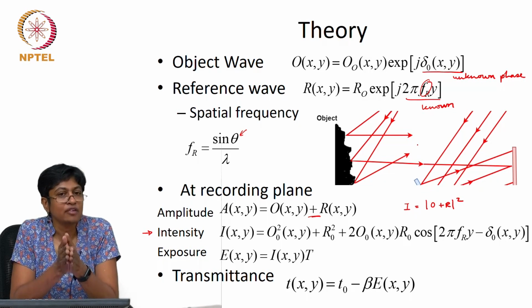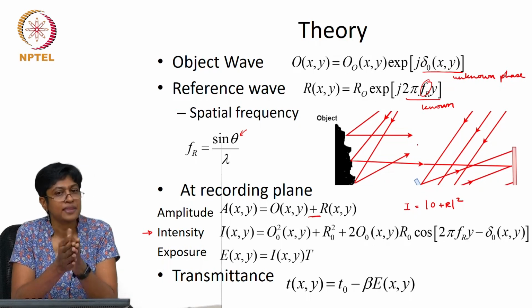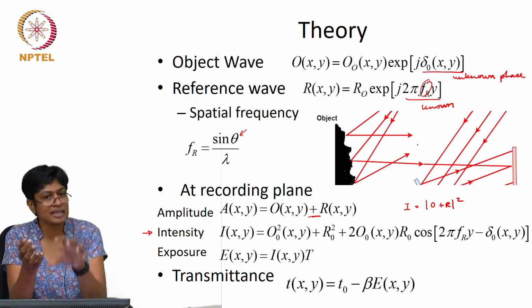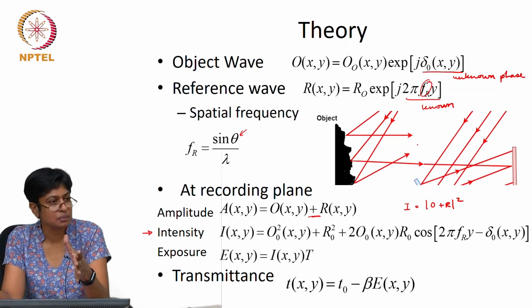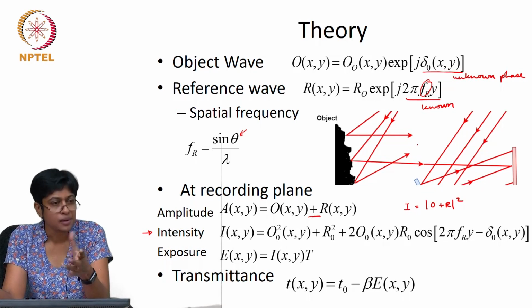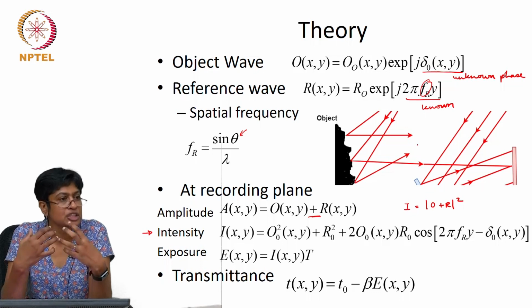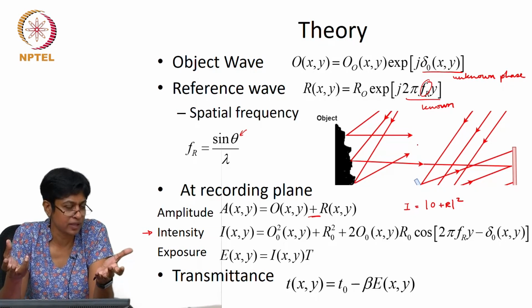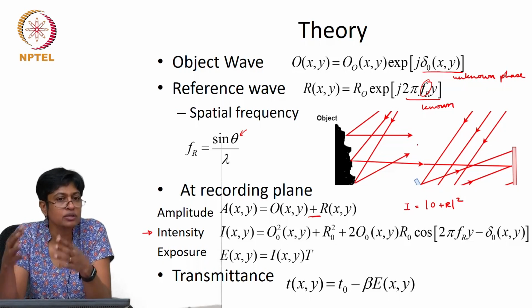We said every optical element has a certain transmittance, that means you have a certain beam of light incident on the element, and then based on the transmittance, it's going to have a certain behavior after the element. By exposing this holographic plate, you are changing the transmittance of that element, and you're changing it in accordance to the intensity that's falling on it.